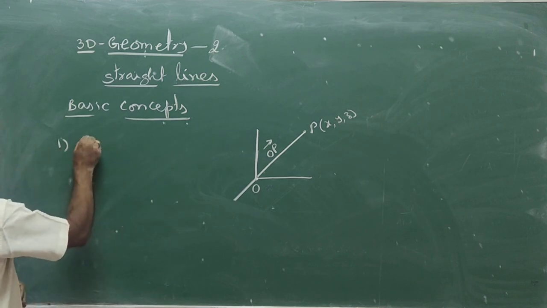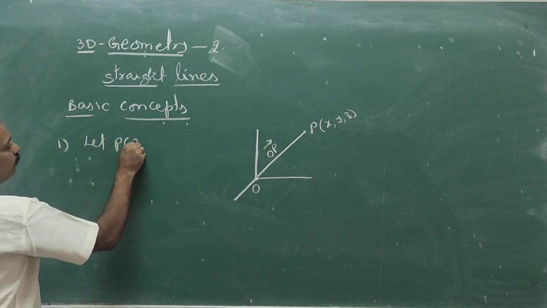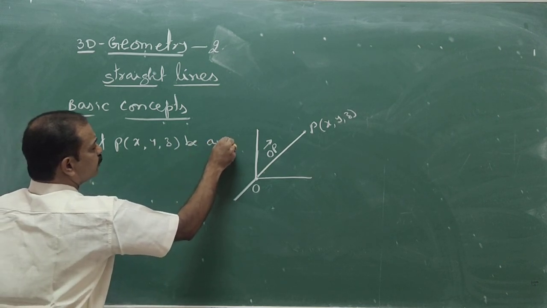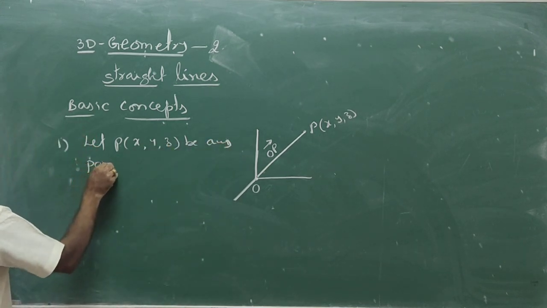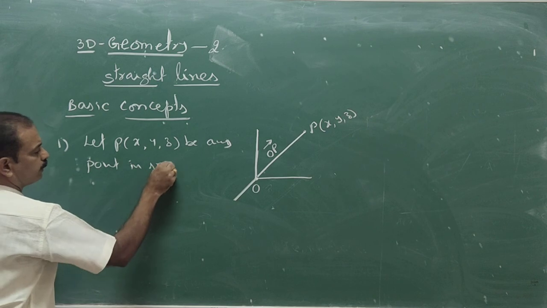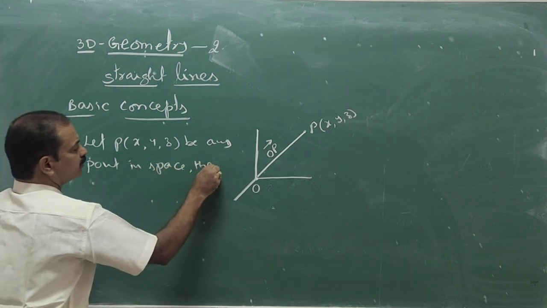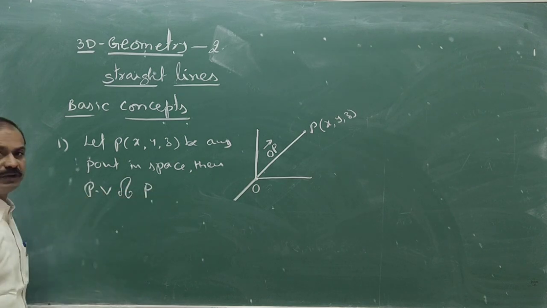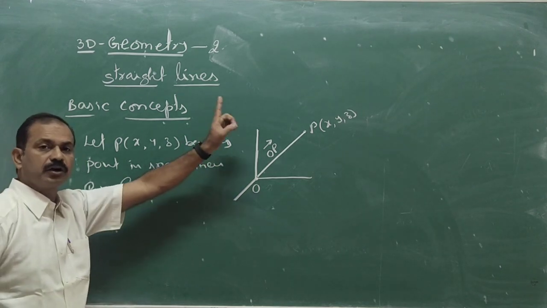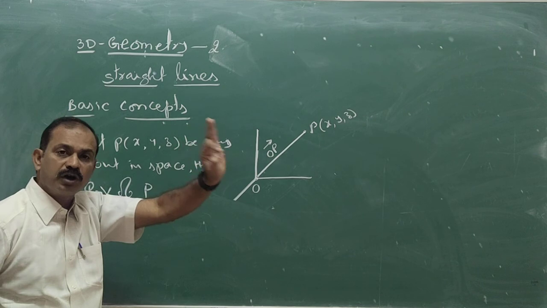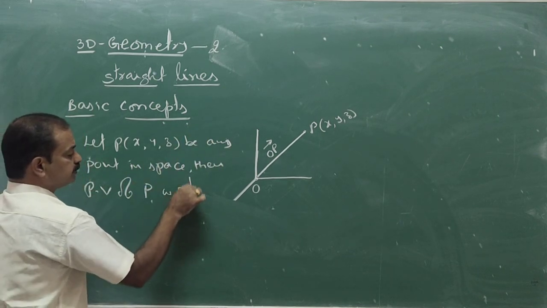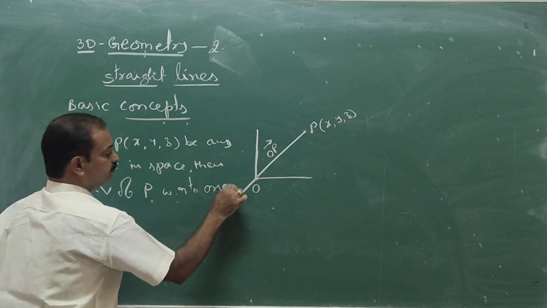Let P of x comma y comma z be any point in space. Then the position vector of P is always with respect to the origin.